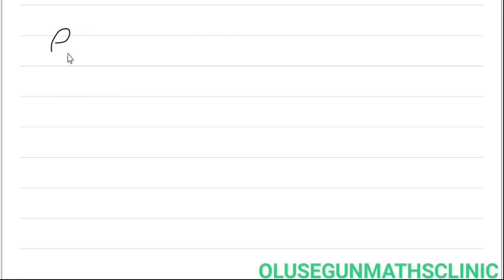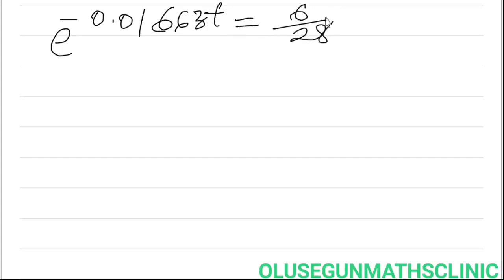We have exponential minus 0.01663t is equal to 6 over 28. And what is the value of 6 over 28? Let's press it in the calculator. 6 divided by 28 gives us 0.21.